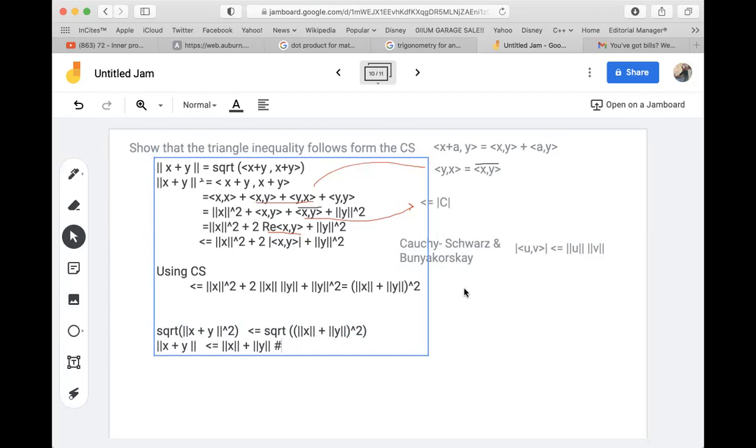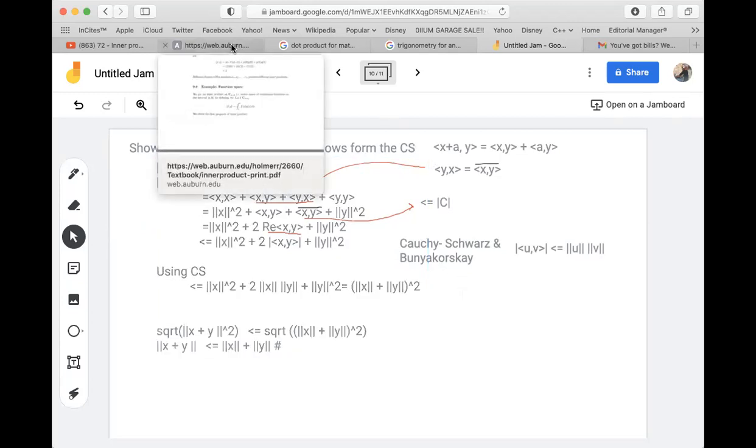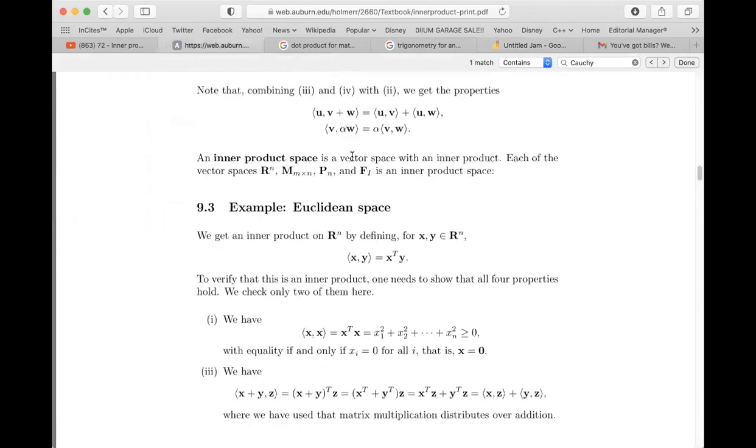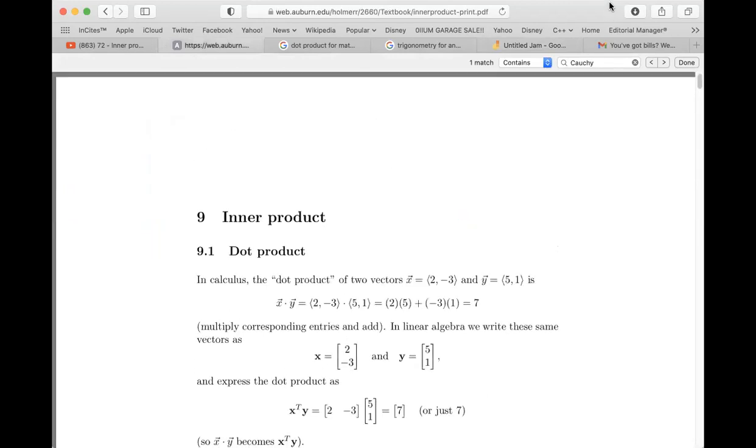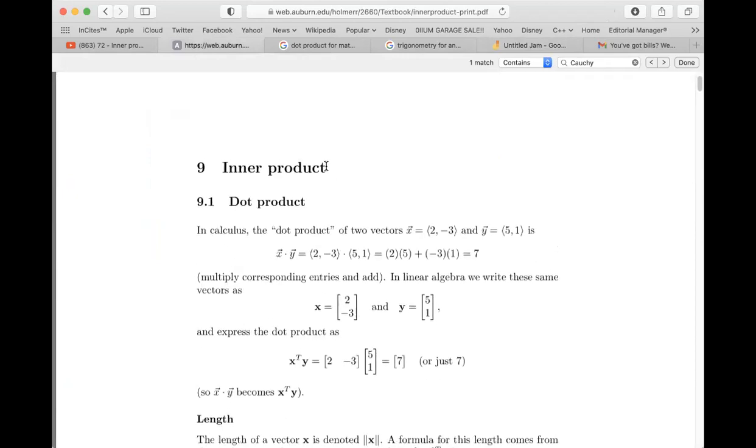I don't get time to explain about the distance actually, but I hope by now you can get the idea of the norm and the inner product. Okay, so I will share these notes with you. This one is a simplistic set of notes. I hope you can see this screen now, the inner product.